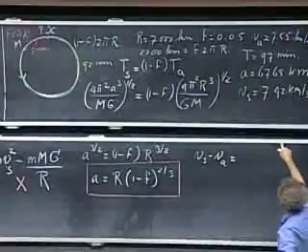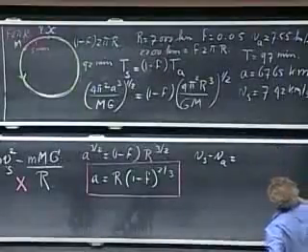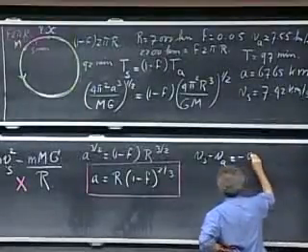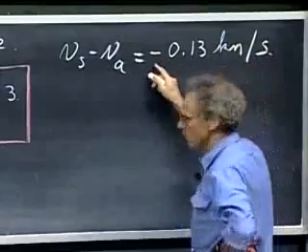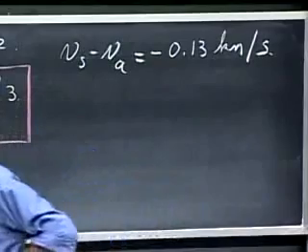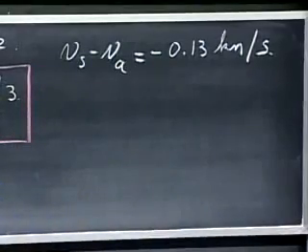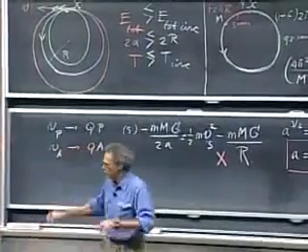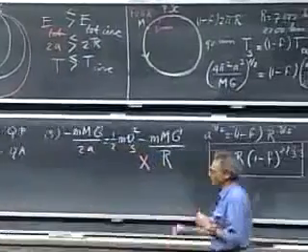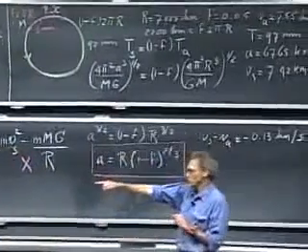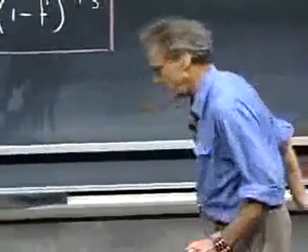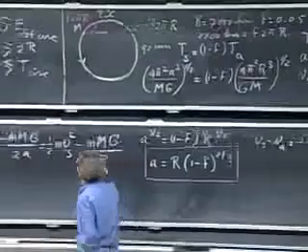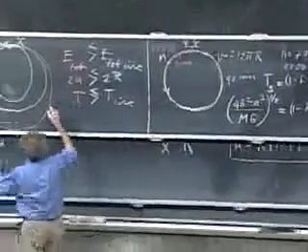V of S is the speed of the sandwich, V of A is the speed of the astronauts in orbit. This is minus 0.13 kilometers per second. And the minus sign indicates that he has to throw the sandwich backwards. So, quite amazing. He is seeing Mary all the way in the distance, and in order to get the sandwich to Mary, he doesn't do this, but he does this. And the sandwich then will go into this new orbit, going still forward.